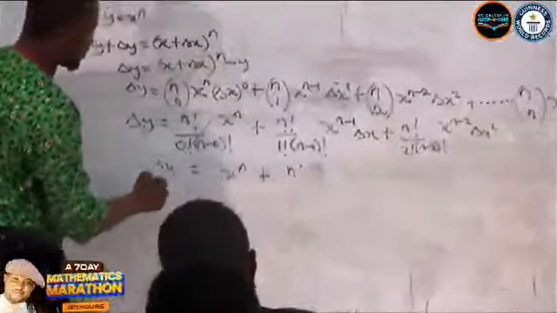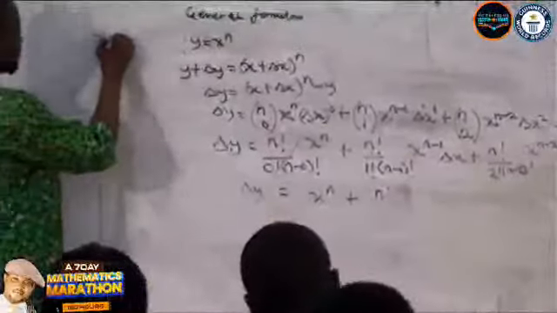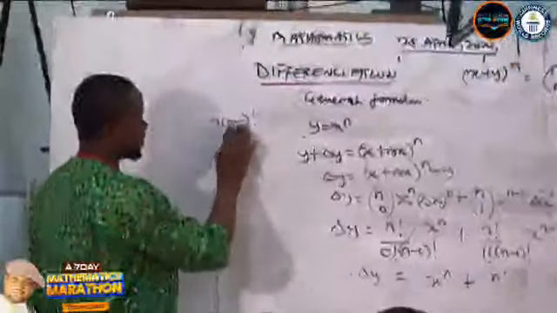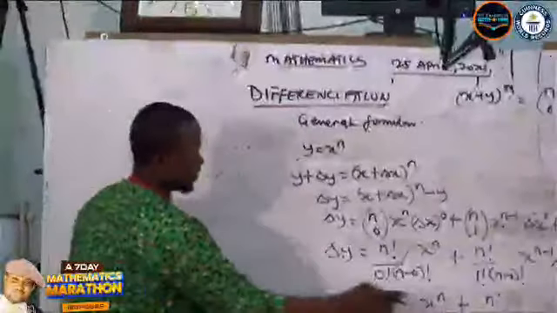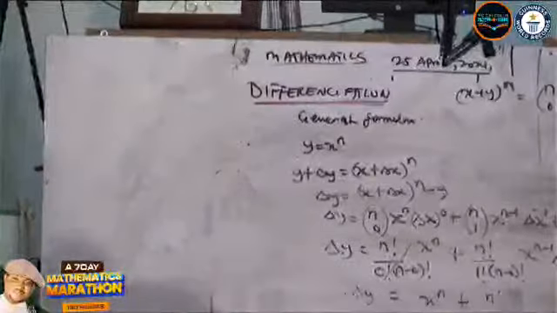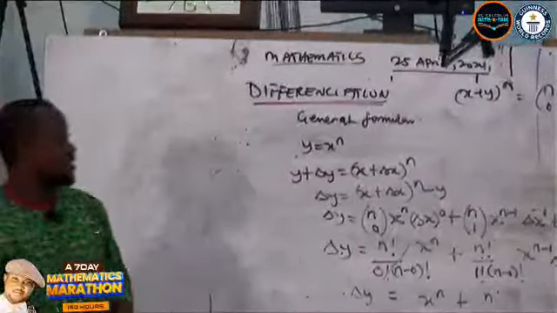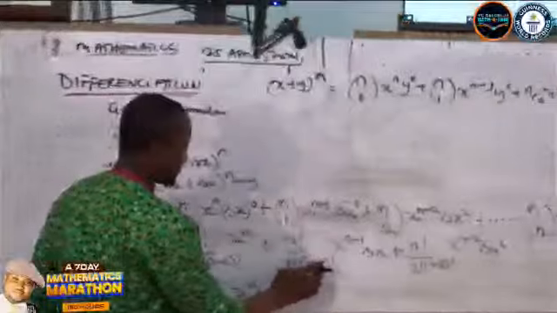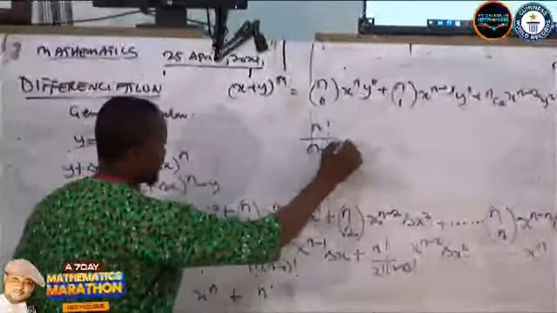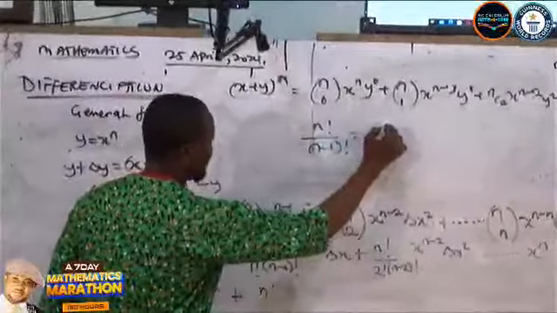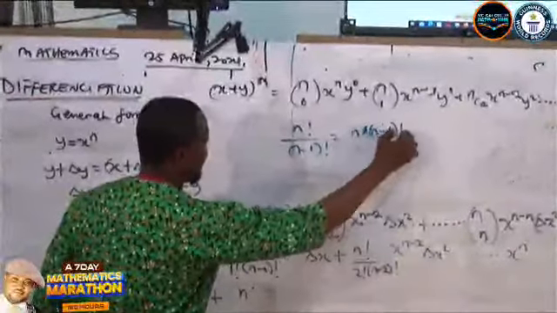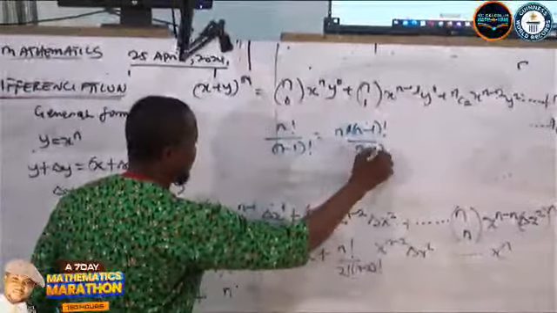if you arrange this place, you have something like this: n into (n minus 1) factorial all over n factorial. So this one cancels out. You don't understand? That is this place. This is what you have there. n factorial over (n minus 1) factorial is n times (n minus 1) factorial, all over (n minus 1) factorial.